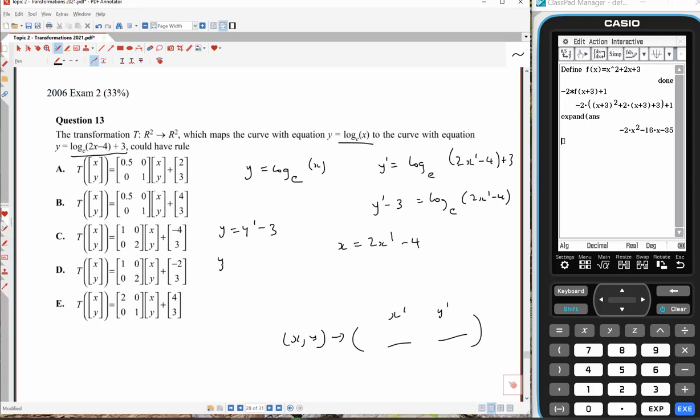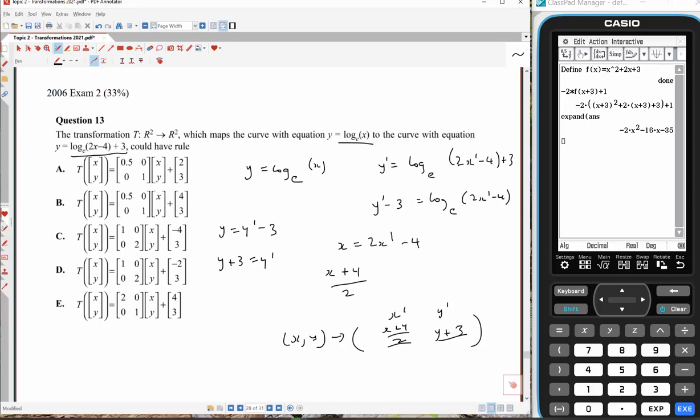Okay, so it's going to be y plus 3 equals y dash, and that's going to be x plus 4 over 2. Let's have a look at the way this is going to work. We want to work out which one is going to give us the same mapping.